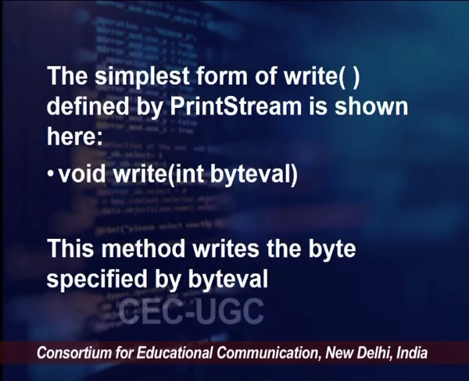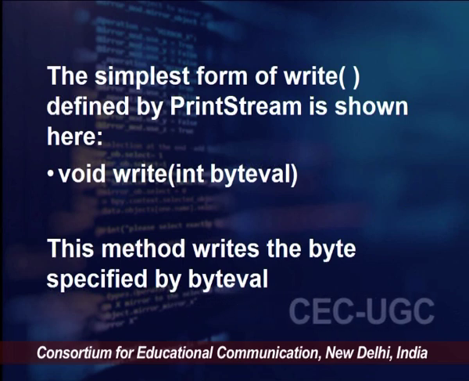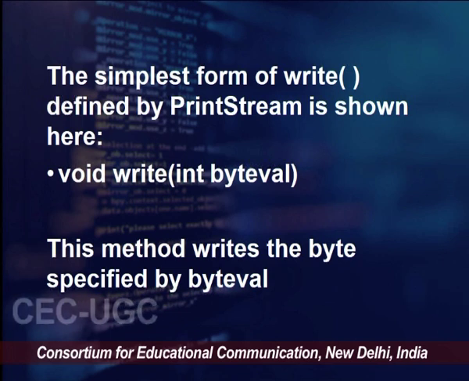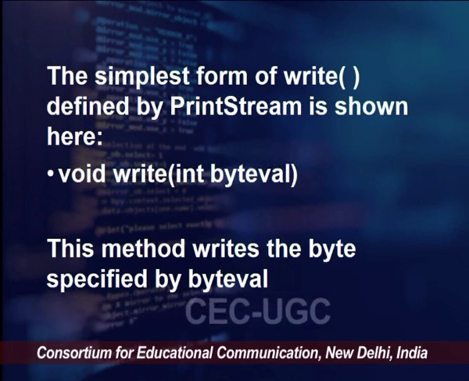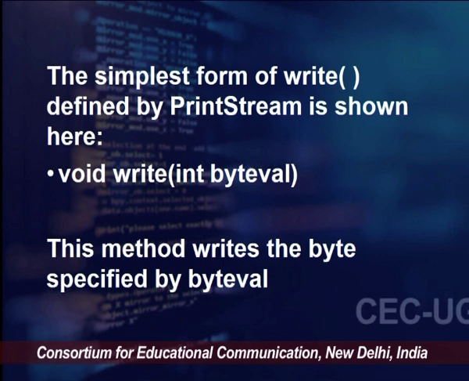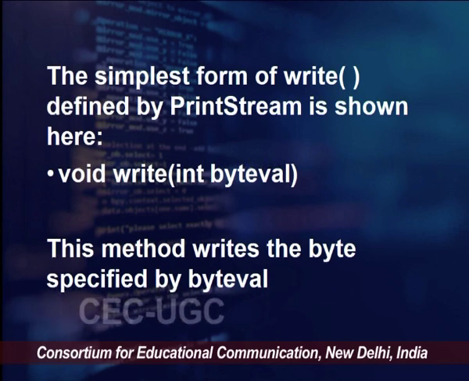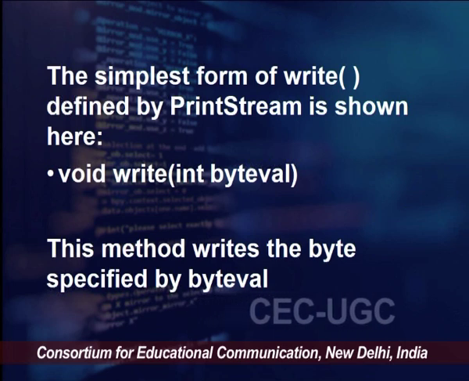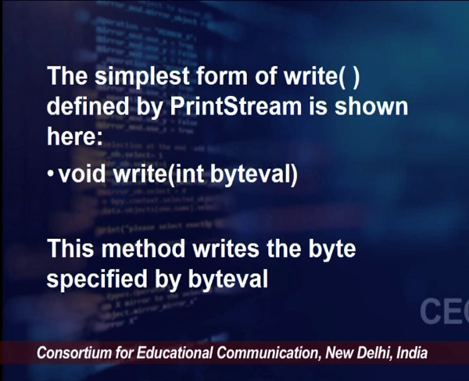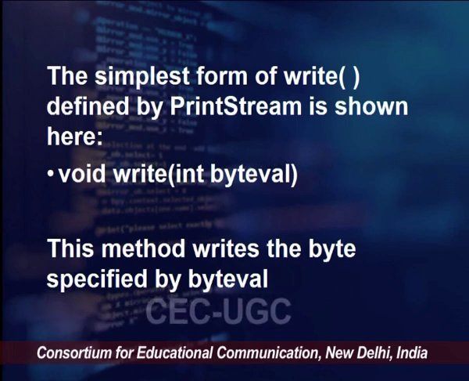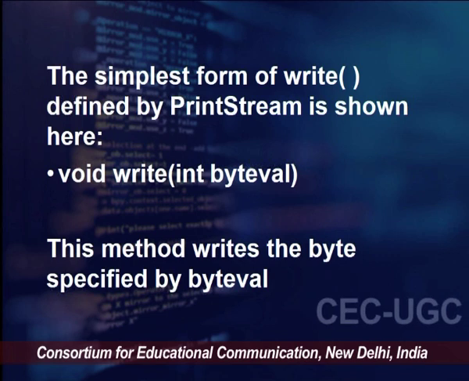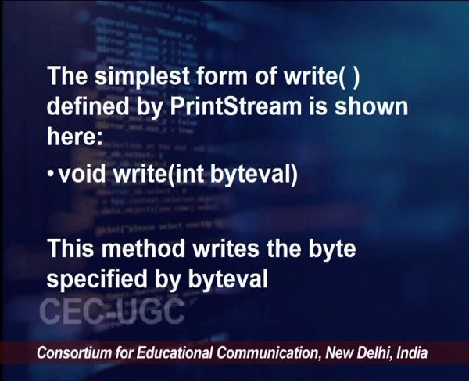But here let us drill down into the method write. In its simplest form, write is defined as shown here on the screen: void write, with an integer parameter. Basically, this method is going to write the byte which is specified by the variable byteval, and this method is not going to return anything.